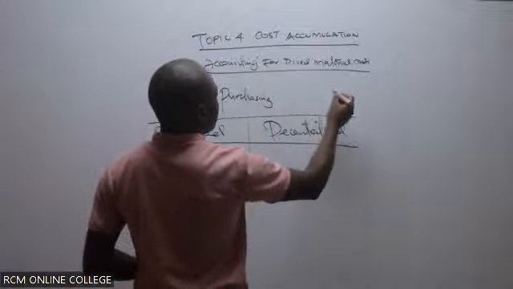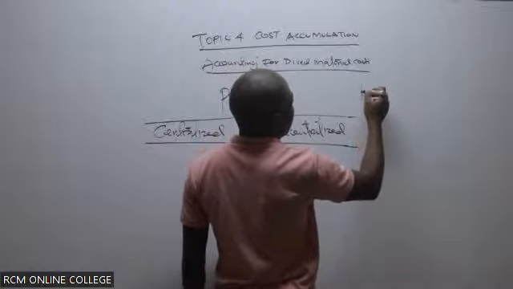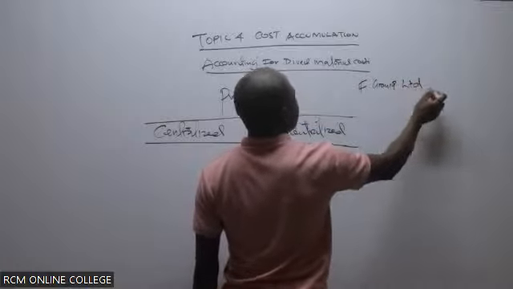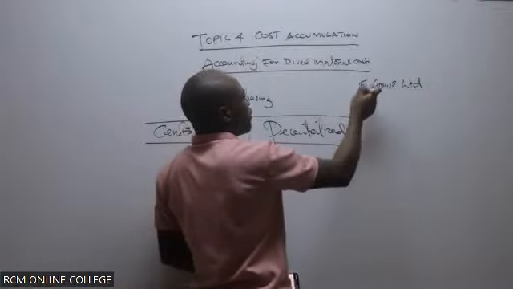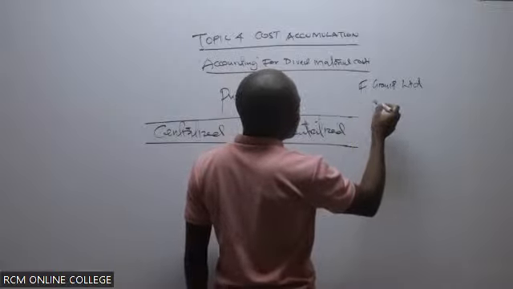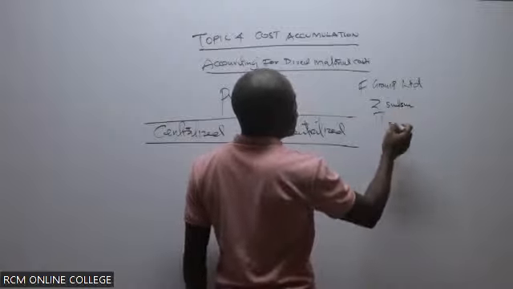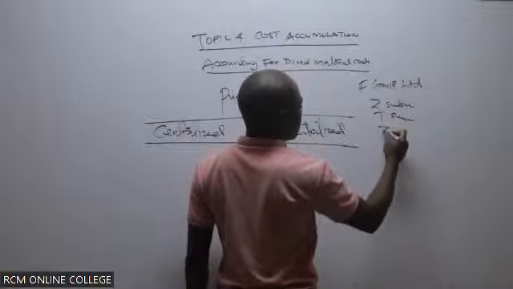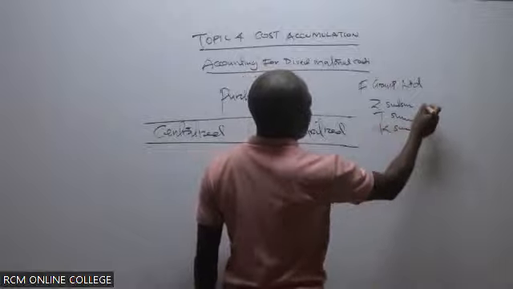We have a company, let's say, of course you've done FR, so you understand these terms here. We have F Group Limited. This F Group has got subsidiaries. Let's say they're in the same industry and they have 100% ownership. So we have F, which owns Z subsidiary, which owns T subsidiary, and F still owns K as a subsidiary. 1, 2, 3.